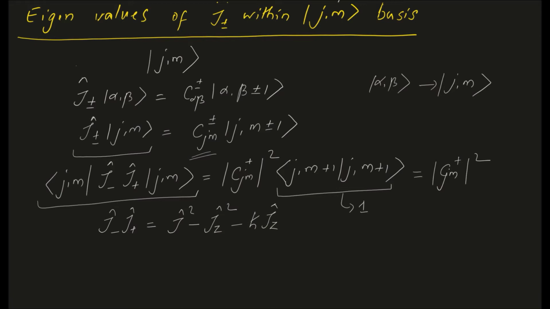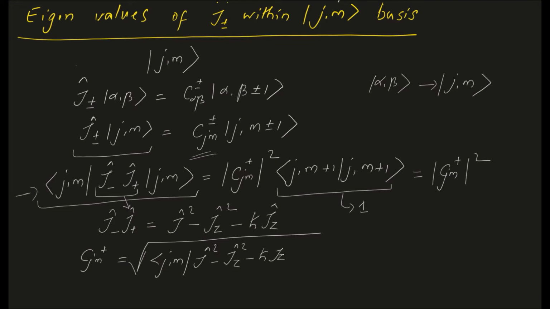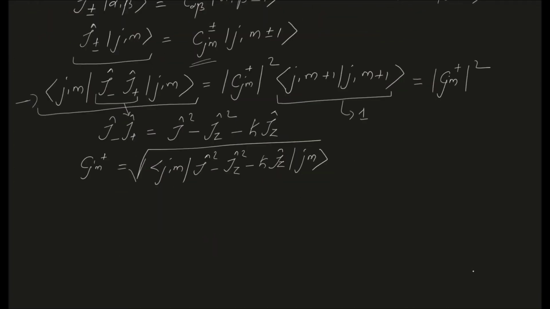If we substitute this in place of J minus J plus, then we can write the expression for Cjm plus as the square root of bra jm, J square minus Jz square minus h cross Jz, ket jm.